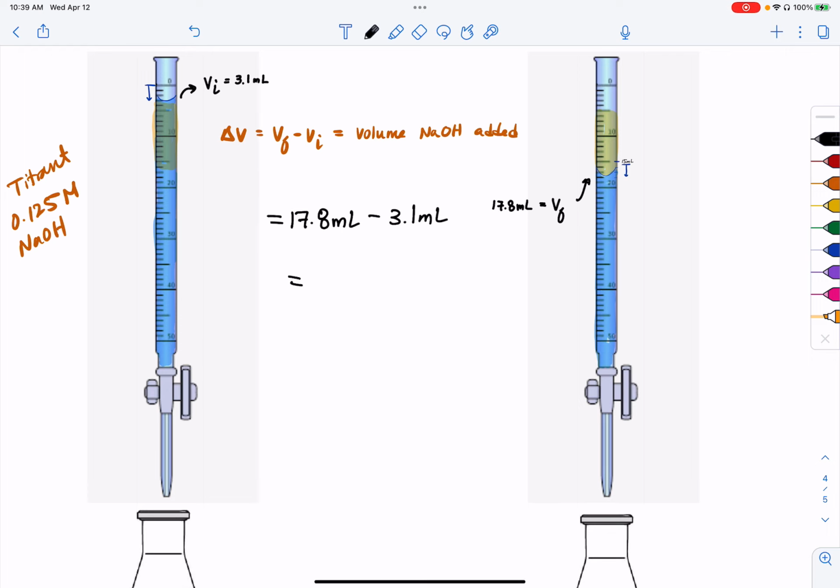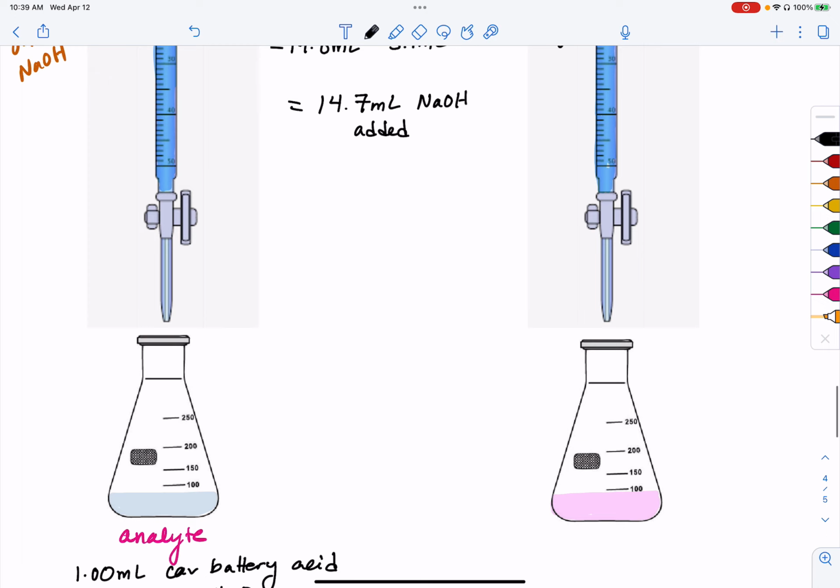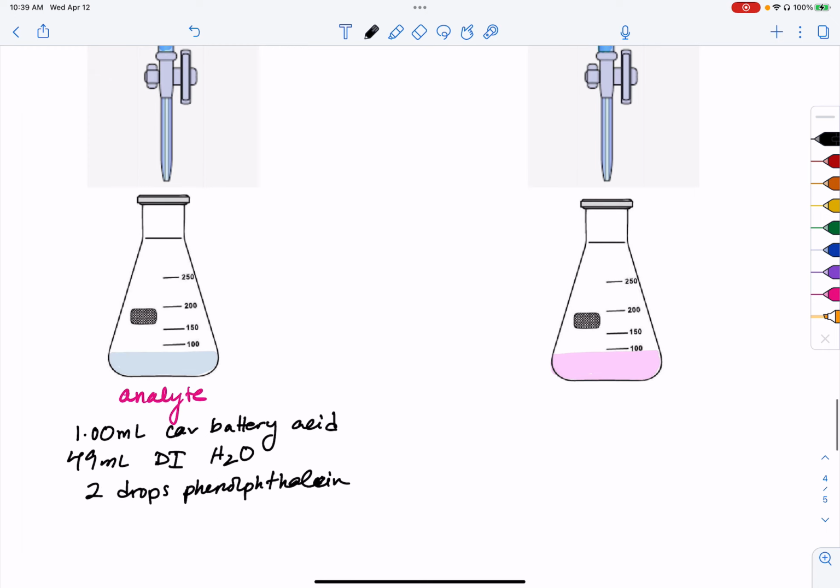So if I were to take this difference, that would be 14.7 milliliters of NaOH added. And that is what brought us to this endpoint.